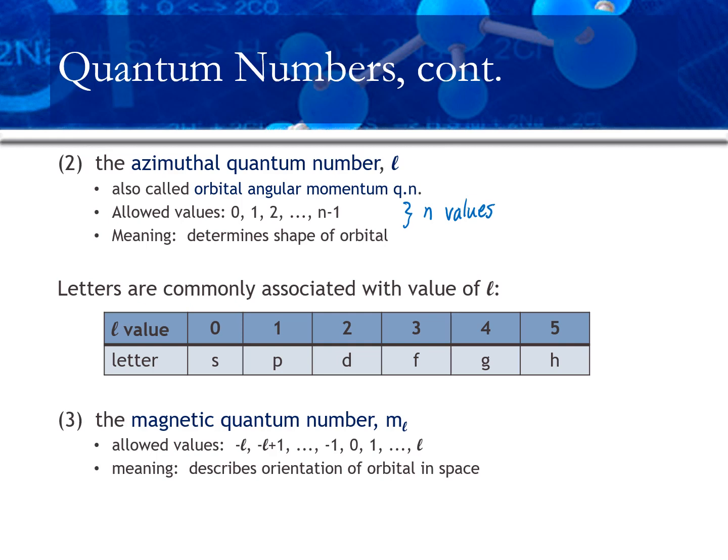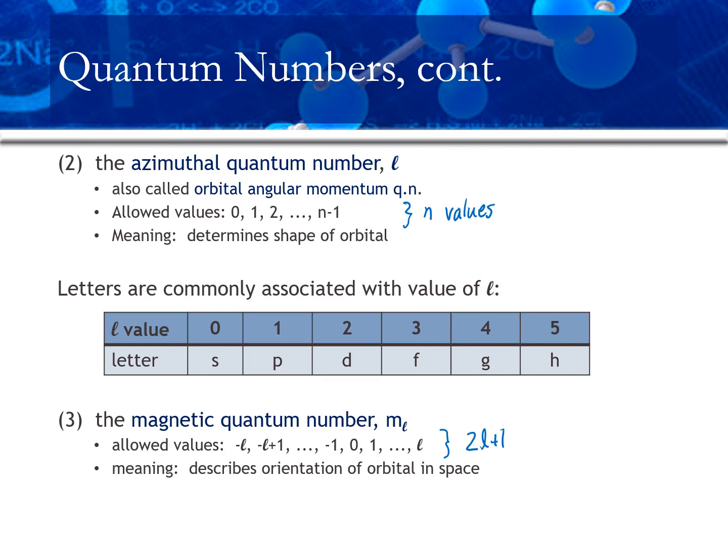And just as I did previously, I'll point out here, and I'll explain it later, there are 2L plus 1 possible values of m sub L for a given L. For example, if L is 1, m sub L could be minus 1, 0, or 1, and that's 3 different values. Roughly speaking, and this is fairly rough, it describes the orientation of an orbital in space.